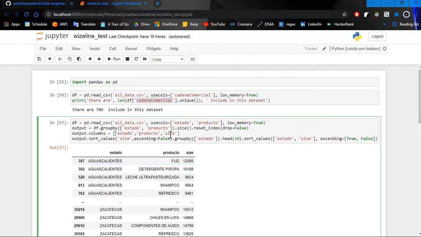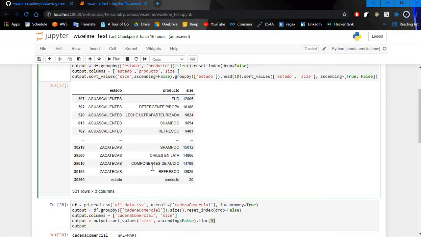Then I rename the columns to state, product, and size, sort the size values in descending order to get the most popular products at the top, and find the first 10 rows of each state group. This is the result.